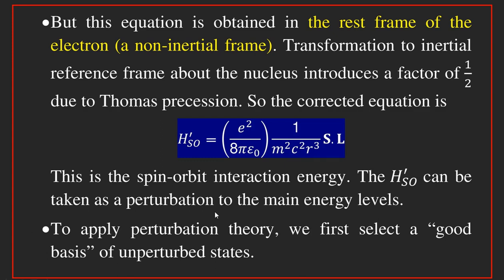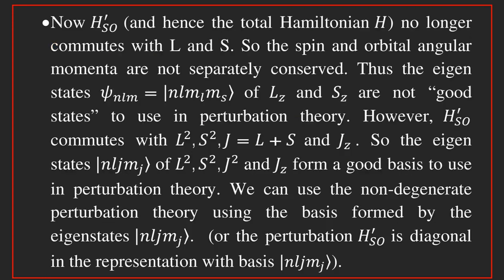Now, to find the first order correction to the energy level, we have to select a good basis for the unperturbed states. Now, H_SO, which includes S dot L, will not commute with L and S, which you can prove.